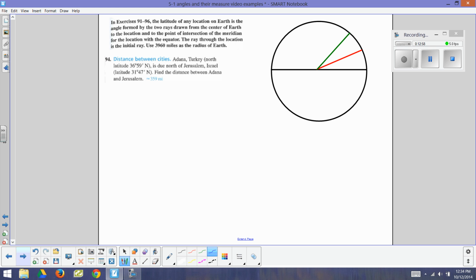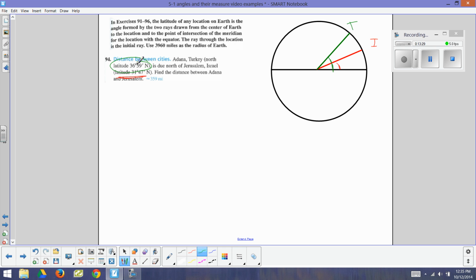94. Turkey is north of Israel. So there's a city in Turkey, right up there, that is north of a city in Israel. It tells you the latitudes of each. So you have that angle right there from the equator to Israel, and the angle from the equator to Turkey.